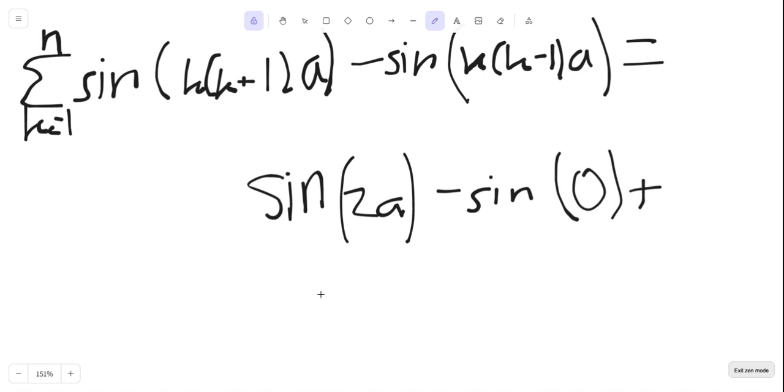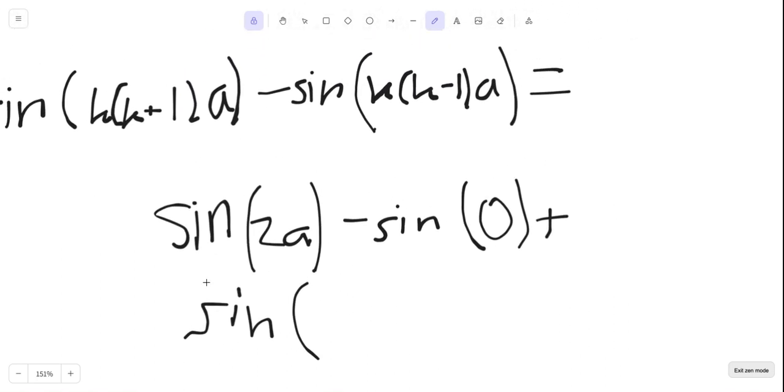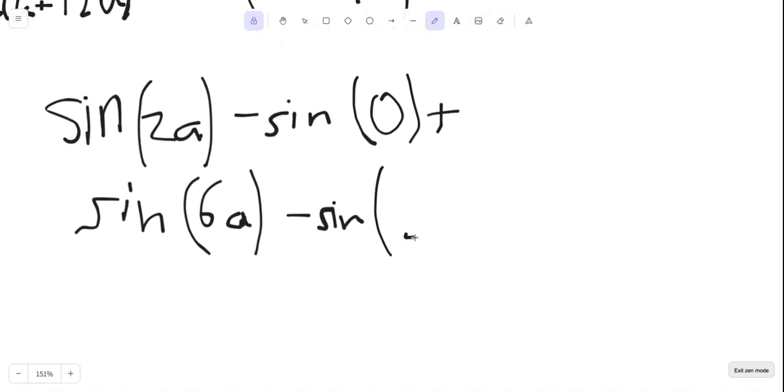And plus sine of 2 times 3a, which is 6a, minus sine of 2 times 1, which is 2a.